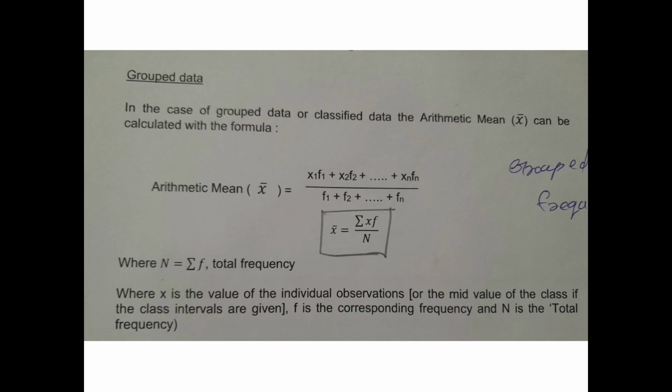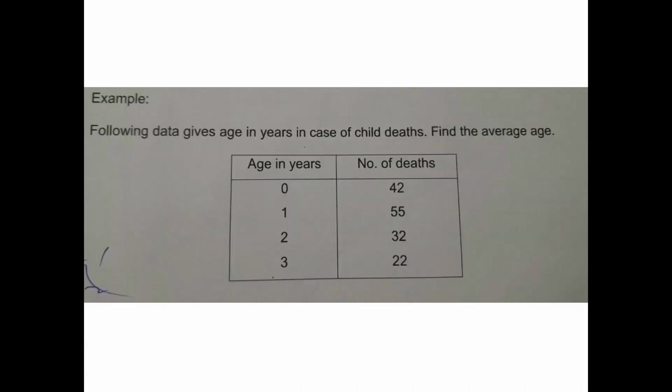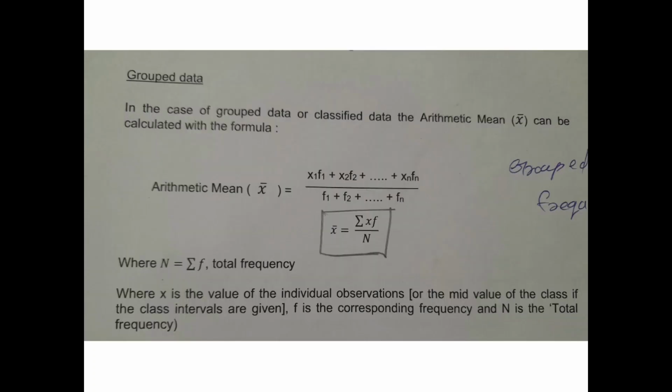If the class is given, we have to take the mid value. F is the corresponding frequency. You can see if 0, the corresponding frequency is 42, if 1, it is 55. Like that you have to take the corresponding frequency. And N is the total frequency.